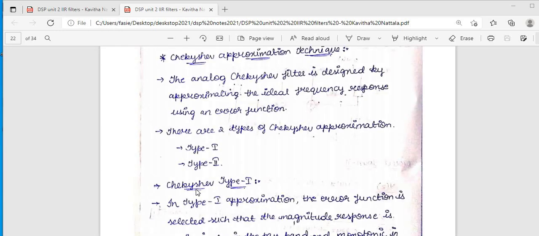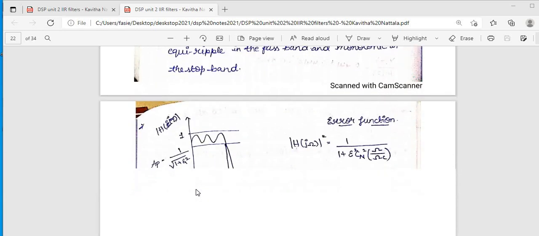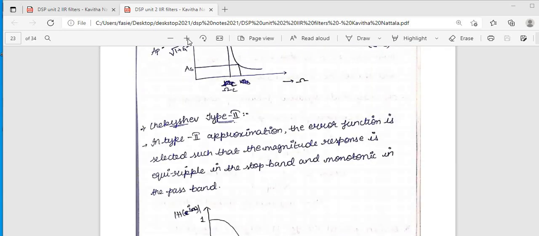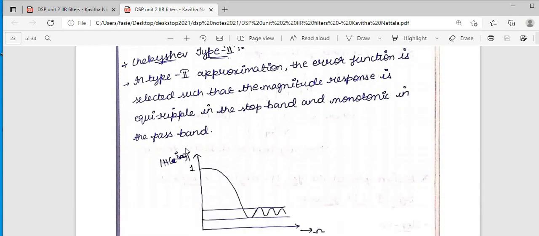Whatever ripples you want to see, those ripples are equal. That means the magnitude response is equi-ripple in the pass band and monotonic in the stop band. If you take the reverse of this kind of response, that could be considered Chebyshev type 2. Similarly, we are writing for type 2 in this way. Clear? So that's why we can write down the response of type 2.